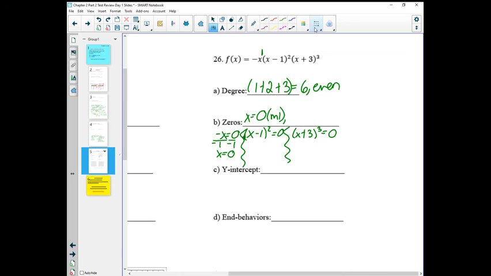On the middle factor, we're going to take the square root of both sides to undo the squared. The square root of 0 is 0. Add 1 to solve for x, so that x equals 1 is another 0 of this function. It has a multiplicity of 2 because that's what the exponent on the factor was.